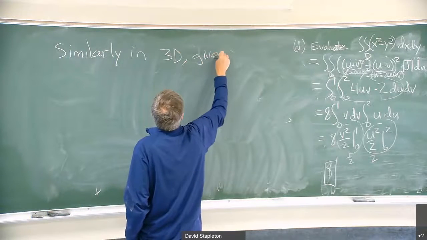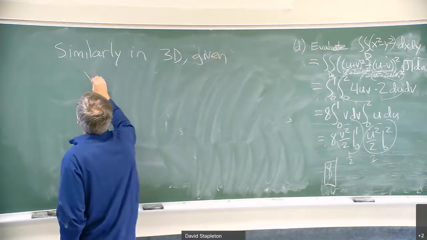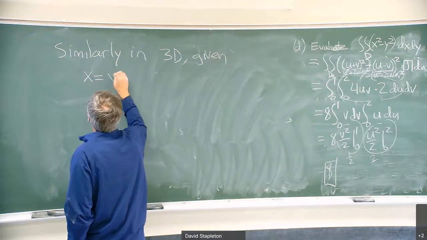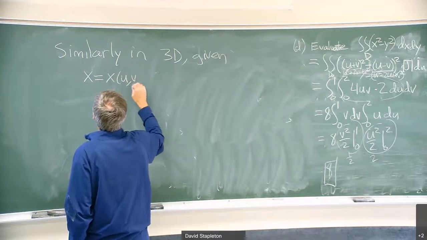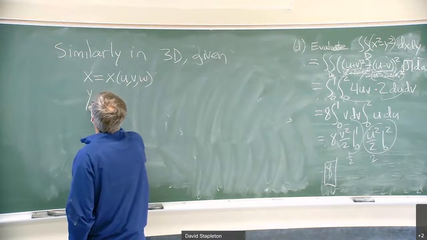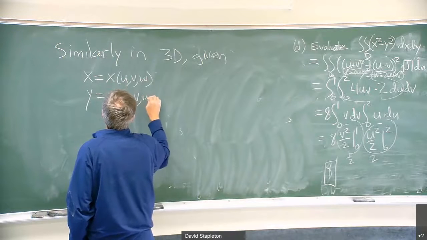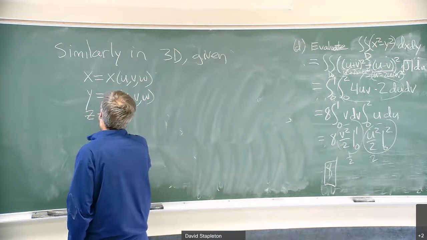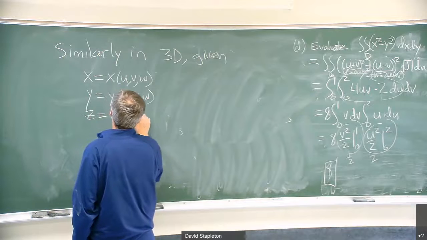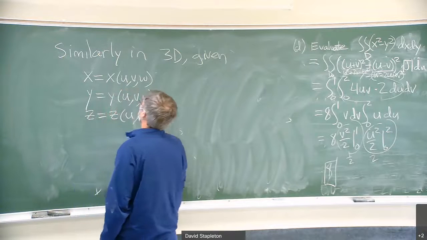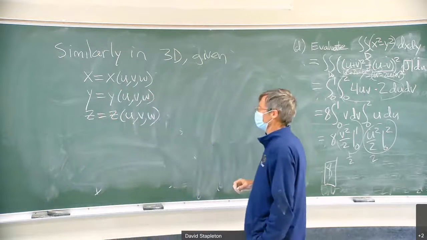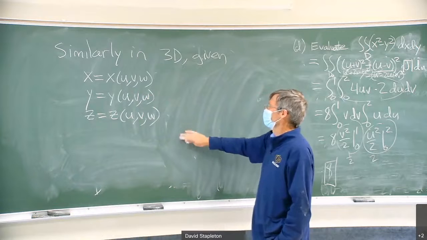Suppose we're given a transformation of coordinates. X is a function of u, v, and w. Y is a function of u, v, and w. And z is a function of u, v, and w. Those are in 3 dimensions and that happens.